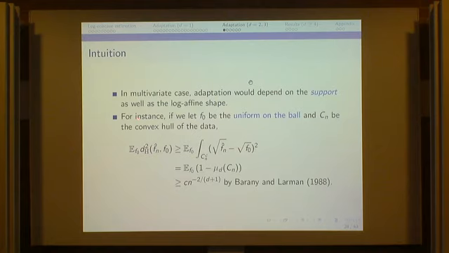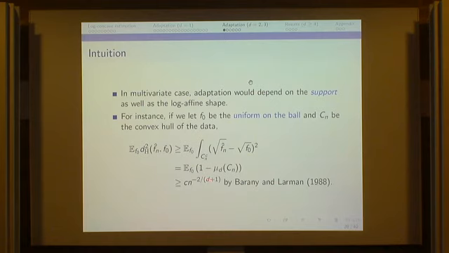So for instance, suppose our f0 is uniform on the ball. The uniform density is log 1 affine, of course. It's very simple. But if it's defined on the ball, this support is very complex. Then basically we can get the lower bound with Hellinger risk as n to the minus 2 over d plus 1.